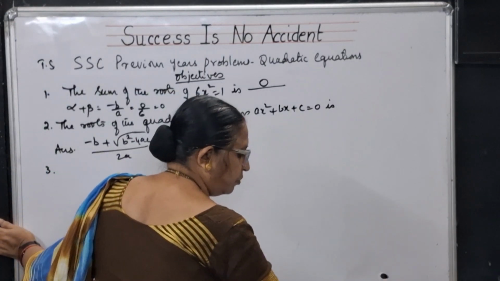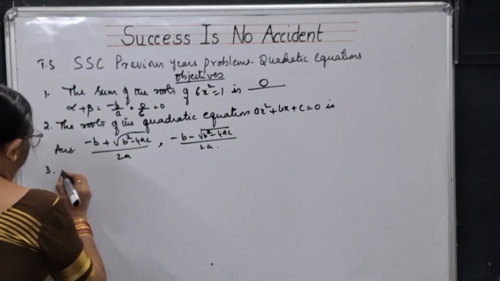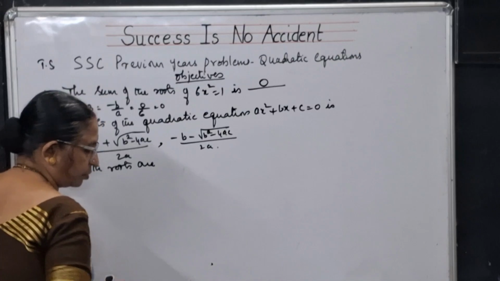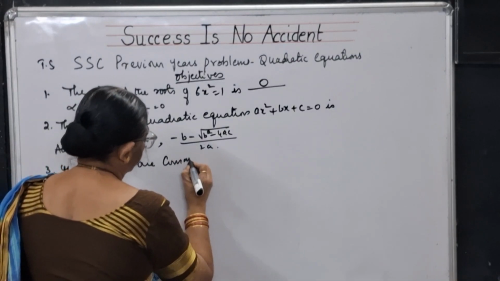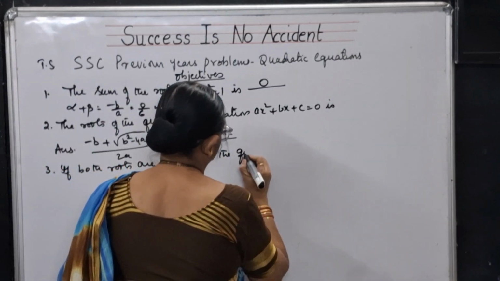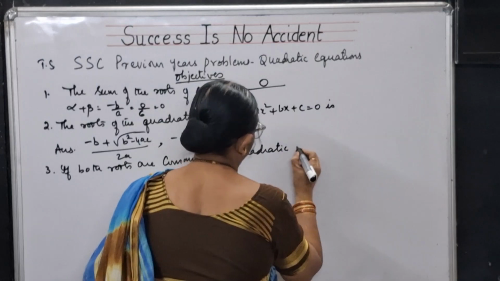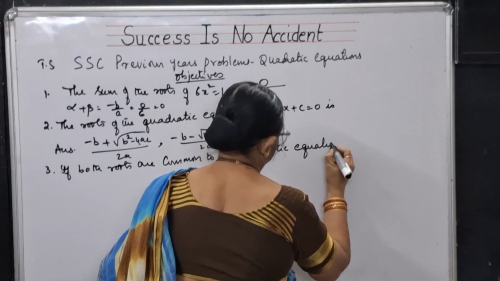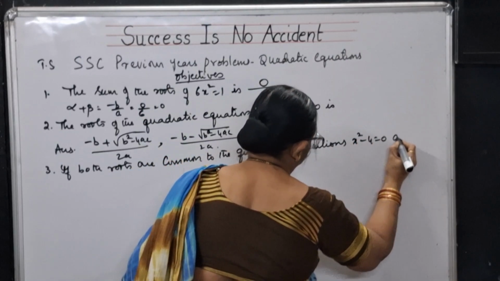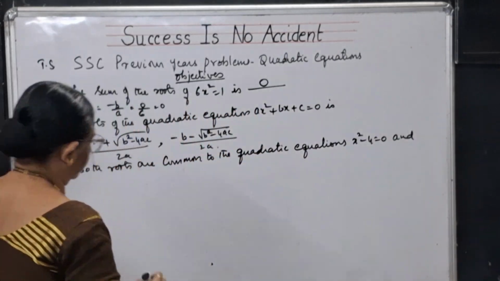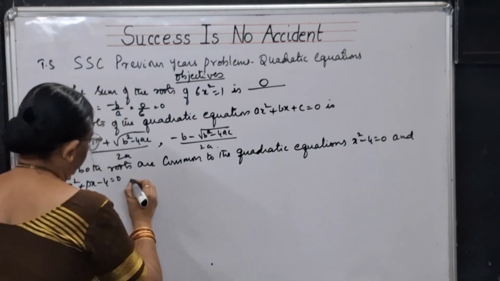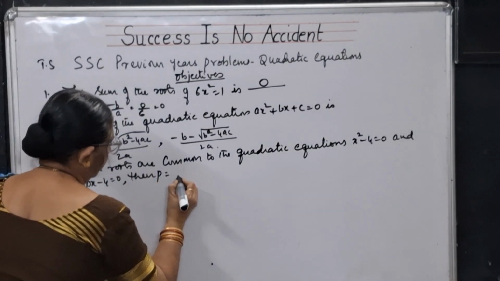Third one: if both roots are common to the quadratic equations x square minus 4 is equal to 0 and x square plus px minus 4 is equal to 0, then p is equal to dash.